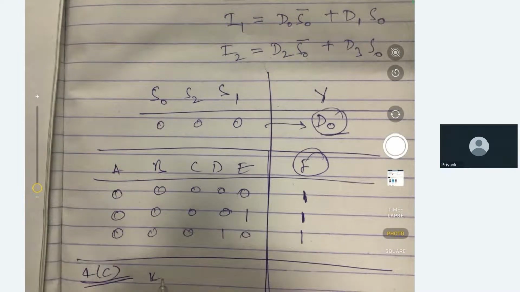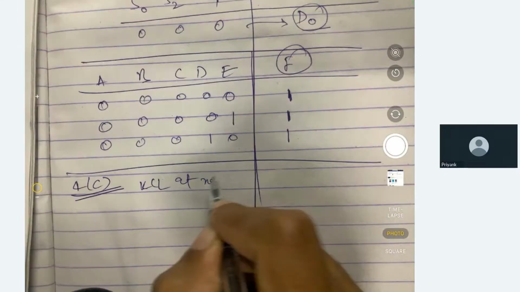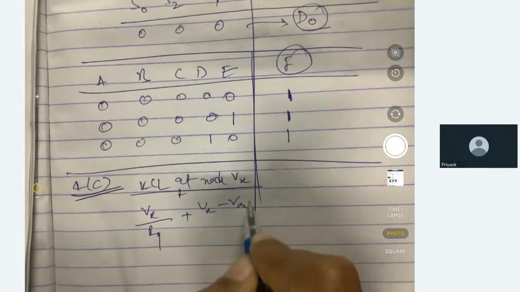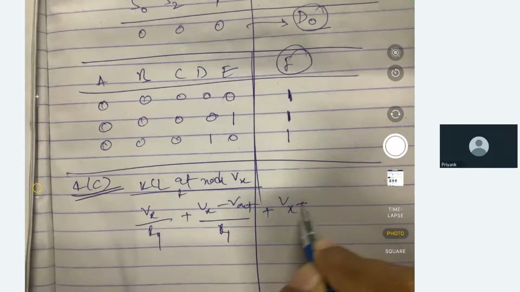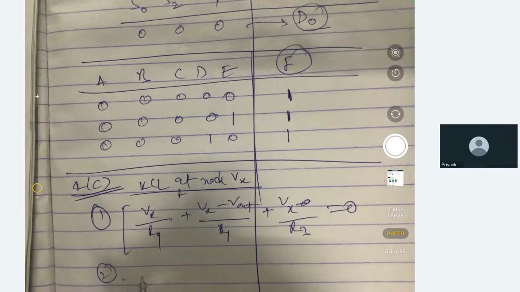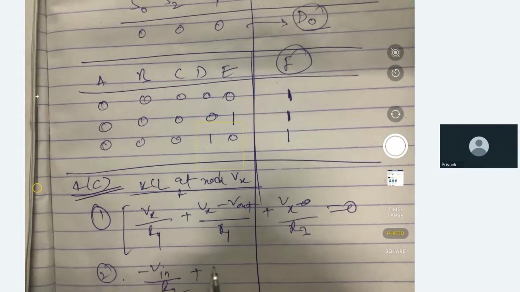The KCL at node Vx: Vx upon R4 plus Vx minus V out upon R1 plus Vx minus 0 upon R3 is equal to 0. That is the first. Second, let's find the KCL at the inverting terminal: minus V in upon R2 plus Vx upon R3 equal to 0.